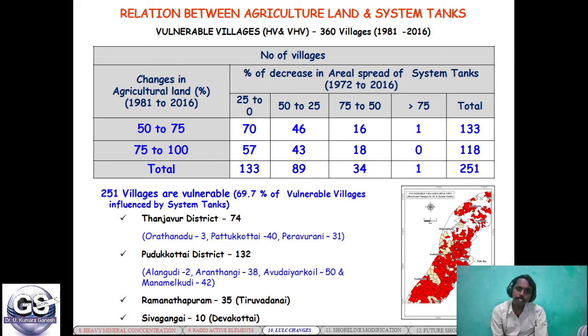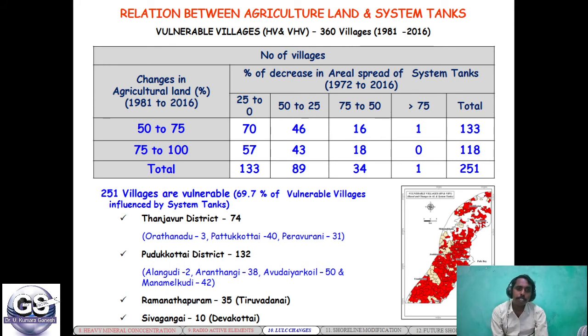Further, to correlate this modification with the vulnerable villages, a correlation analysis was attempted for the vulnerable villages. That means more than 50% of vulnerable villages, more than 50% of cultivated land modified villages.